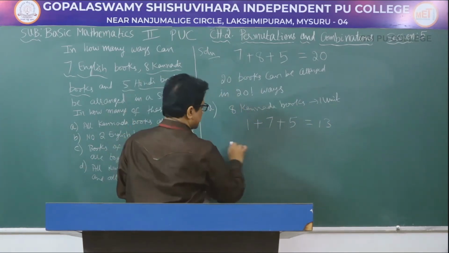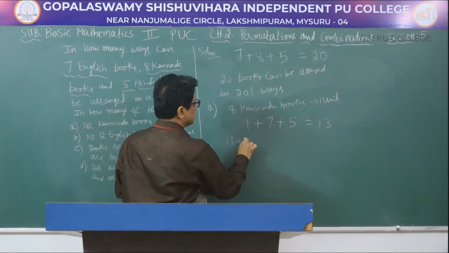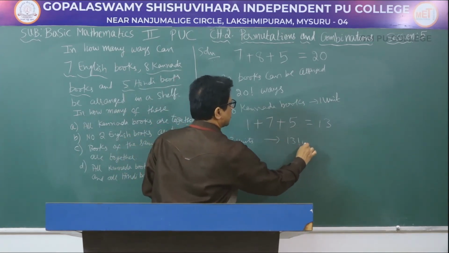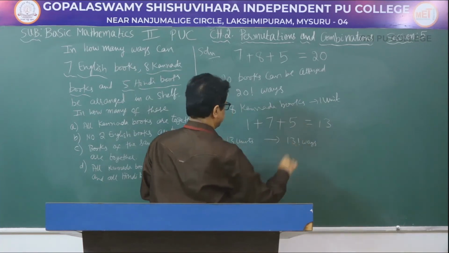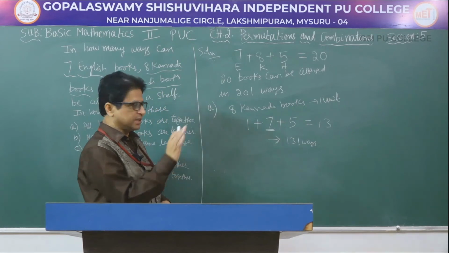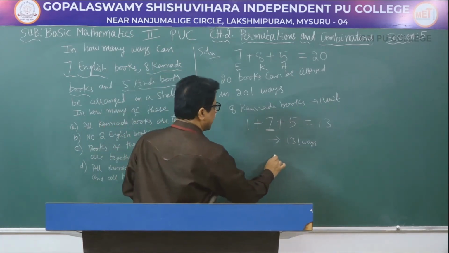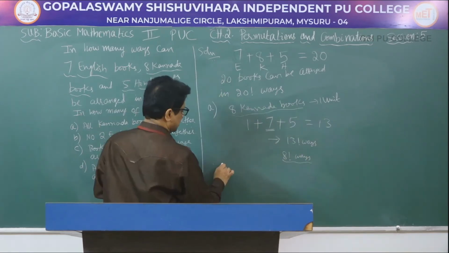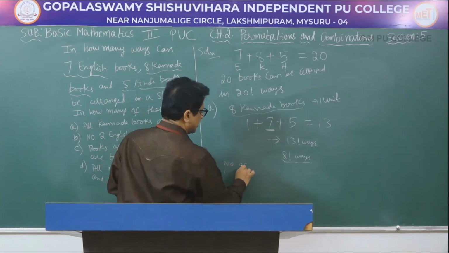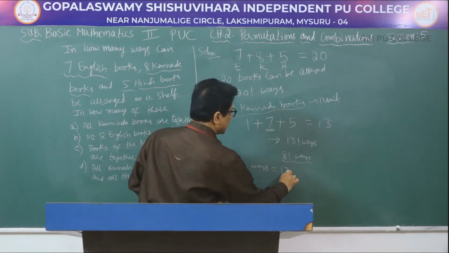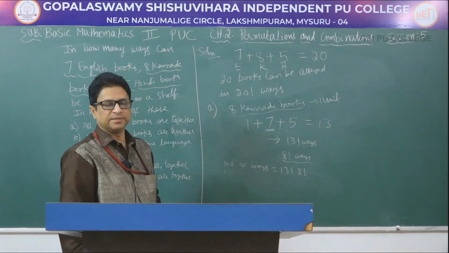So, these 13 units can be arranged in 13 factorial ways. 8 Kannada books can be arranged among themselves in 8 factorial ways. Therefore, the number of ways is equal to 13 factorial into 8 factorial.